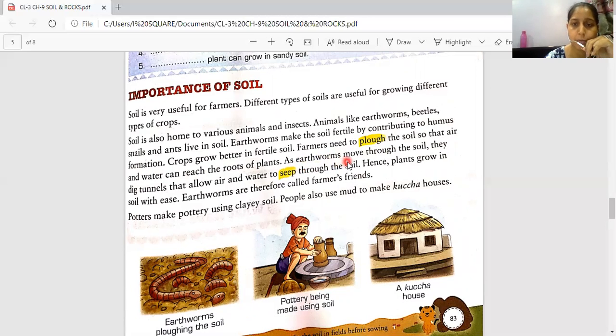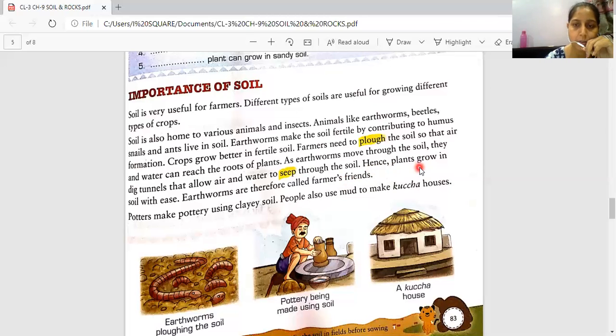As earthworms move through the soil, they dig tunnels that allow air and water to seep through the soil. Now, what happens when the earthworms walk under the soil? They make spaces and gaps between the tunnels, and that allows air and water to go deep into the soil.